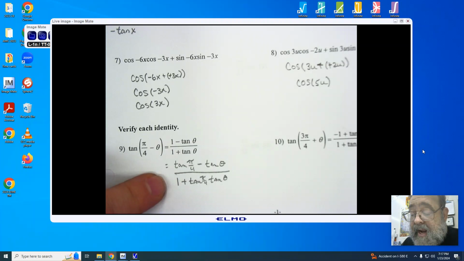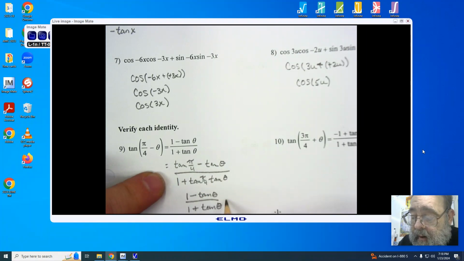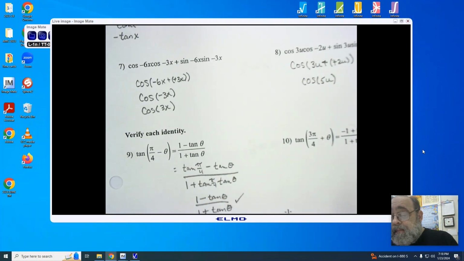Now we know that tangent of pi over 4 is 1 from our ratios, and so I'm looking at 1 minus tangent of theta divided by 1 plus, once again, tangent of theta. And I have verified the identity.